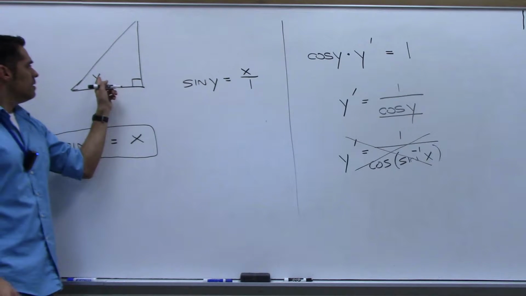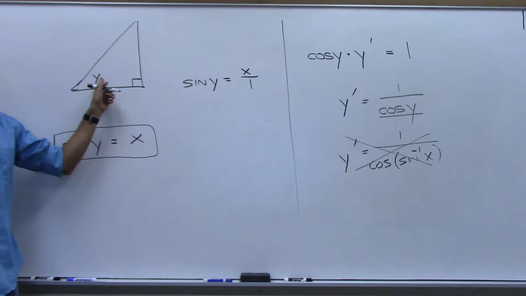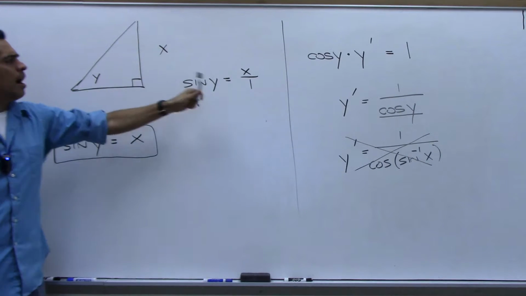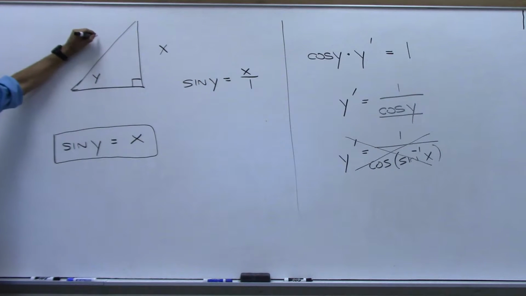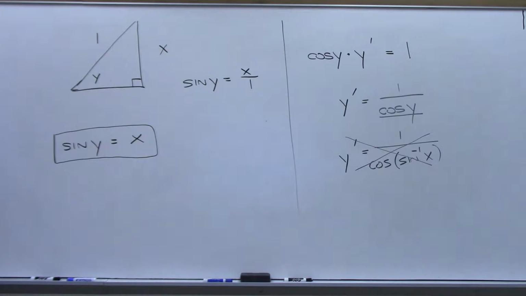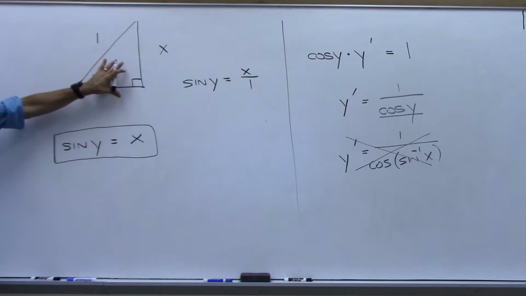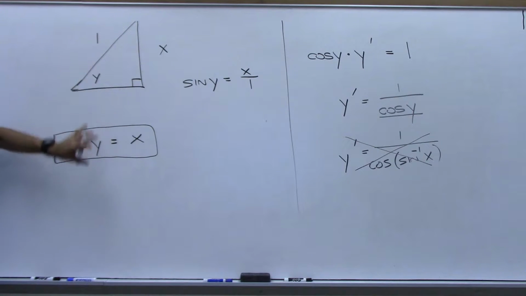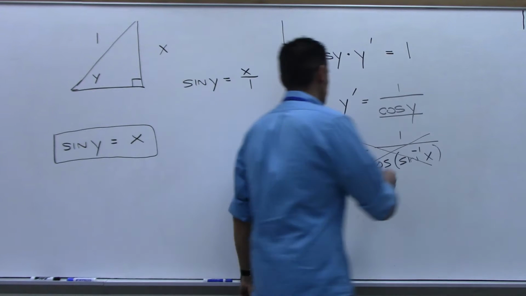So the side opposite of this y should be x, and the side that is the hypotenuse should be 1. So that picture goes with this equation. You need to be able to do this a lot in this class. So comfortable with that?